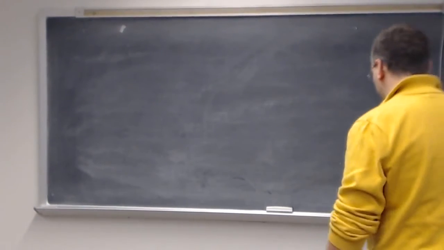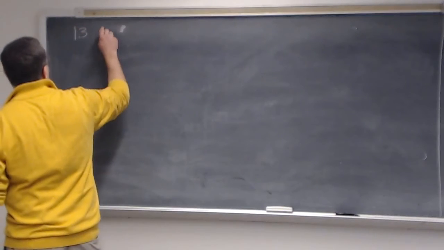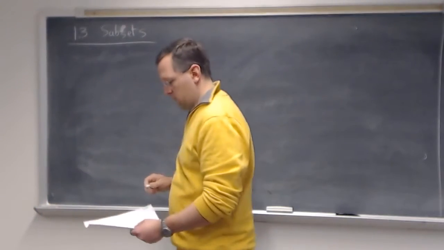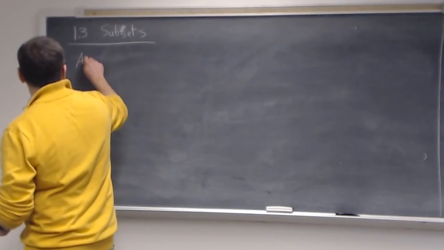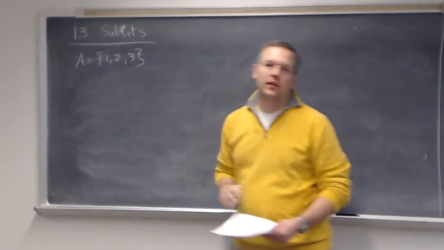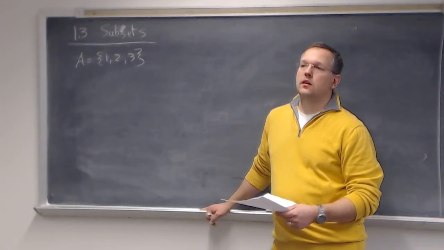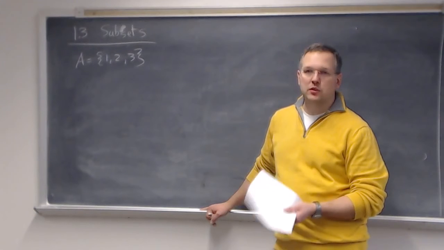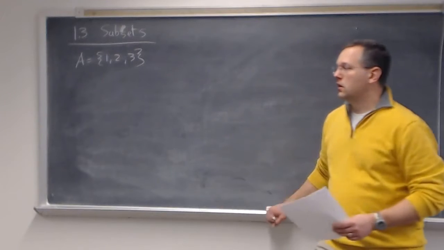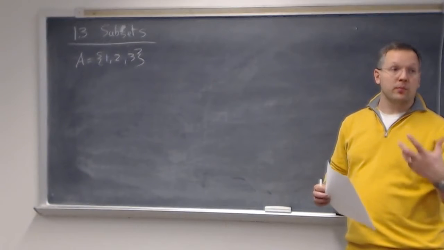Should be back in business here. Okay, so the next section, chapter 1, is 1.3, subsets. A lot of definitions in this beginning of this class. We're getting the background, the material, the objects that we're going to be proving statements about. I mean, this class, like I told you on Monday, I think the purpose of this class is to learn how to write proofs.